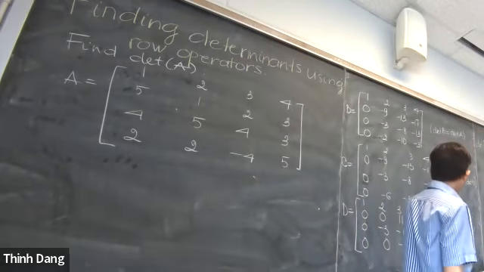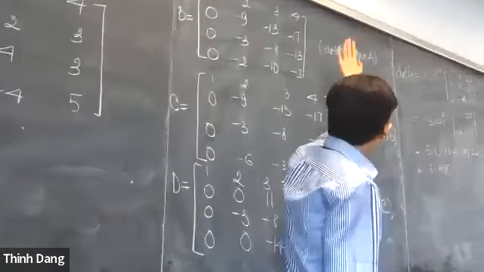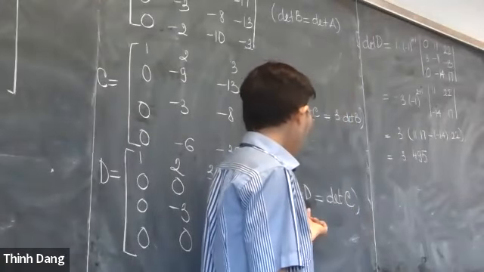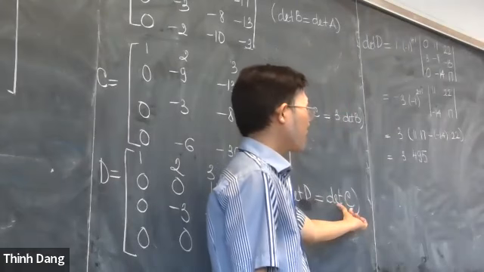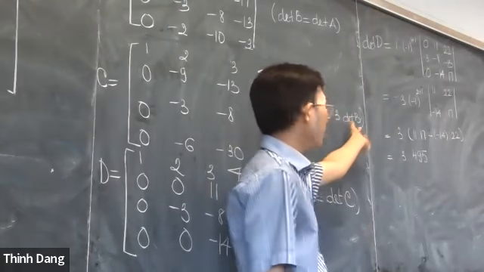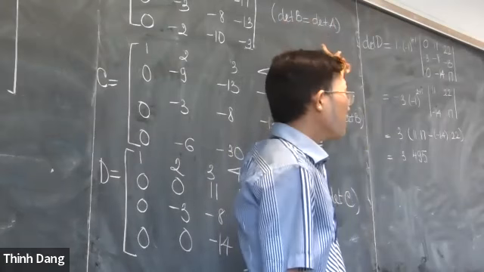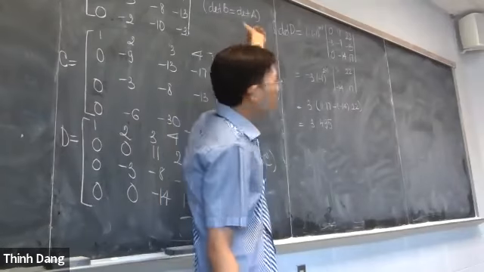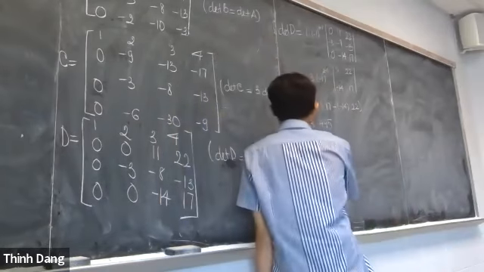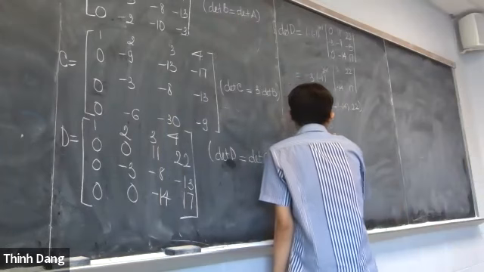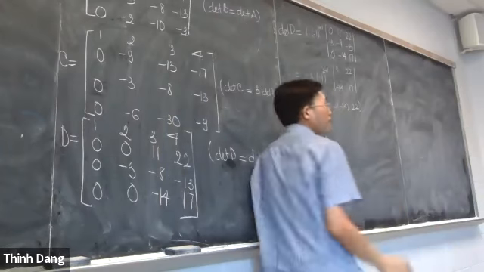Okay, so let's connect all of these relationships between these matrices. Determinant of D is equal to determinant of C. Determinant of C is 3 times determinant of B. Determinant of B is actually equal to determinant of A. So if you compare determinant of D with determinant of A, you should have the relationship that determinant of D is 3 times determinant of A. Right?